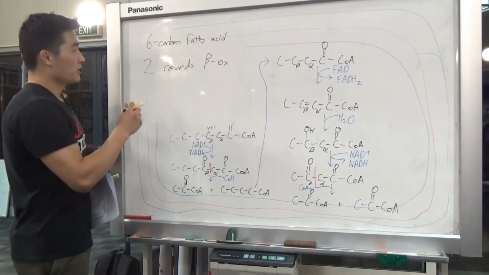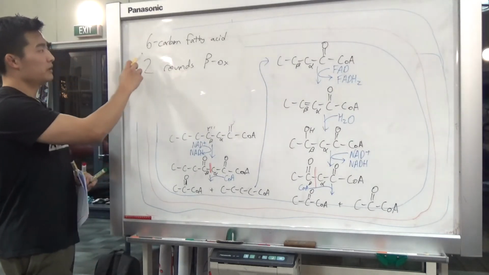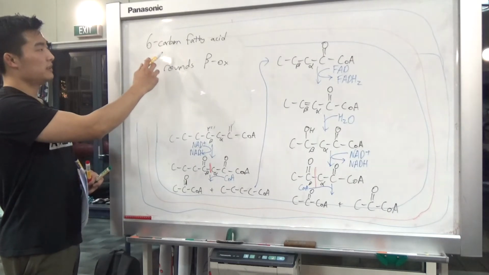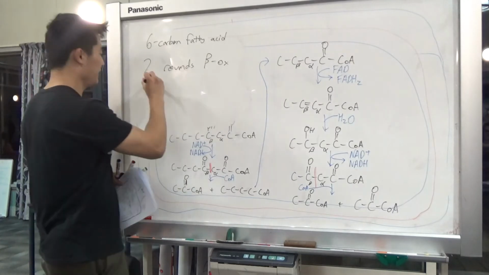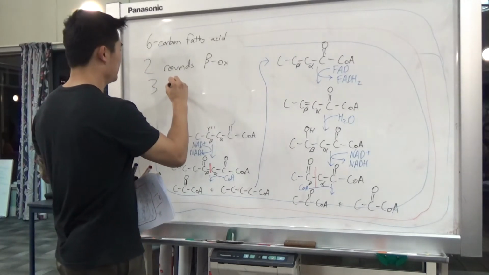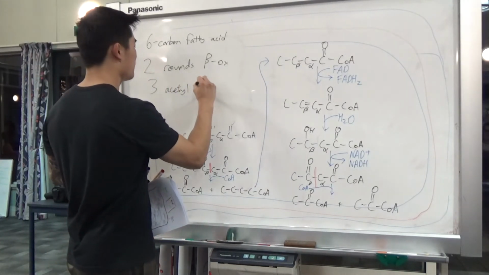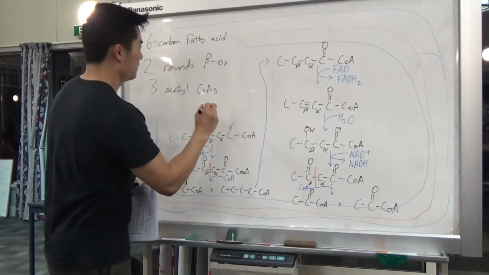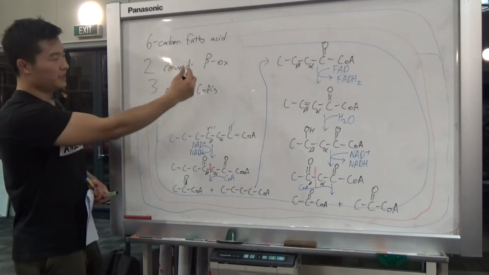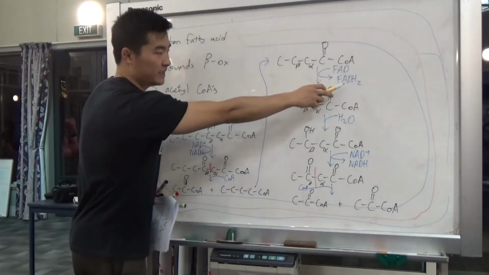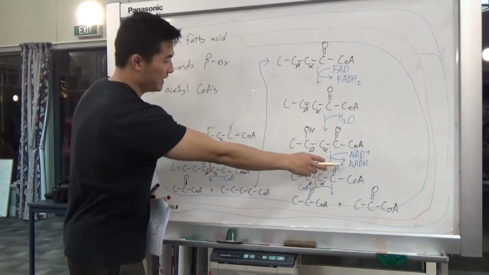And if you turn a 6 carbon fatty acid into 2 carbon units, that's going to give you 3 acetyl-CoAs. And remember that each time you do a round of beta oxidation, you gain 1 FADH2 and 1 NADH.